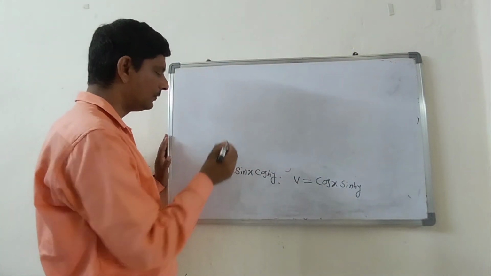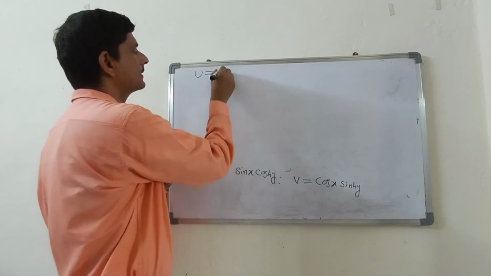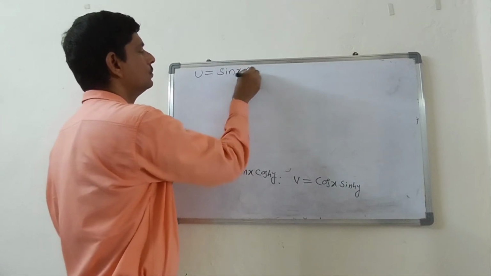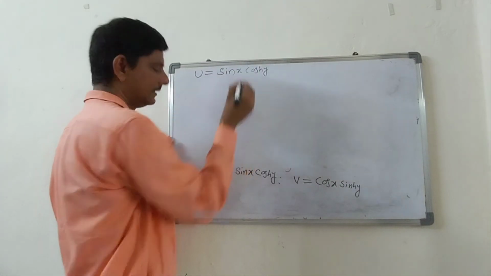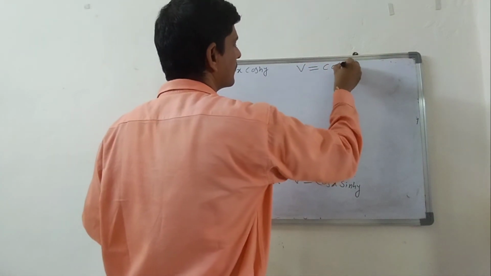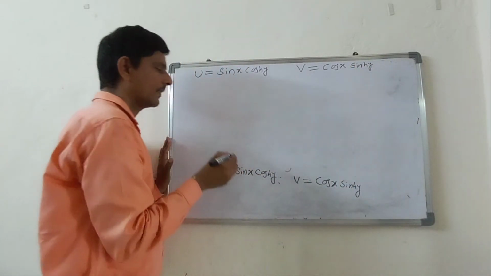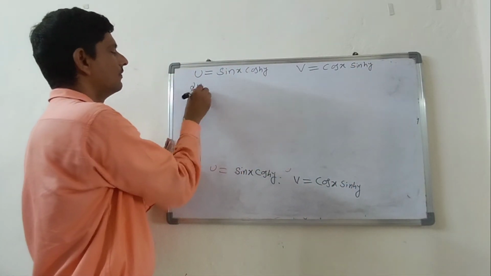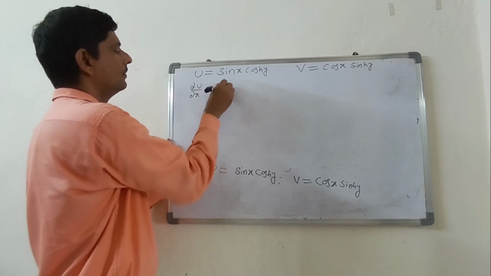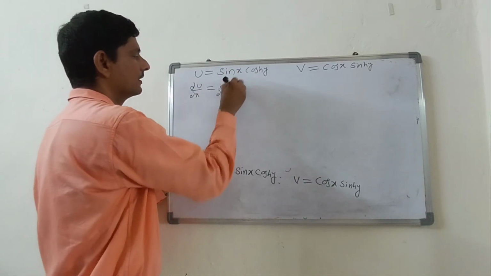So here our u is equal to sin x into cos hy. Our v is equal to cos x into sin hy. Okay, as you know, we are finding dou u by dou x, that is dou by dou x of sin x into cos hy.